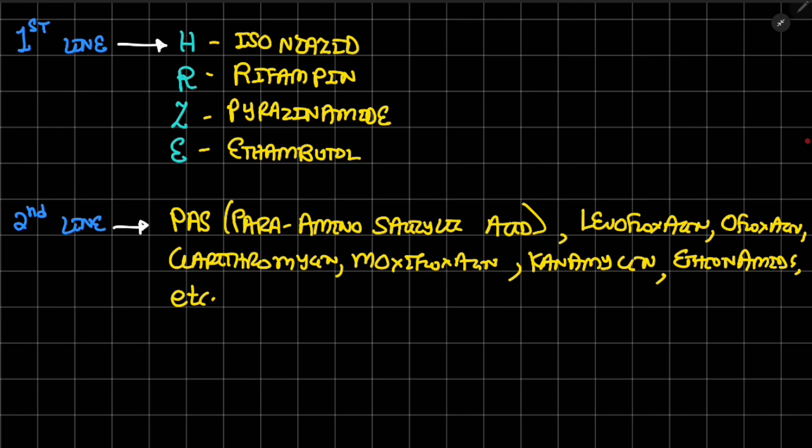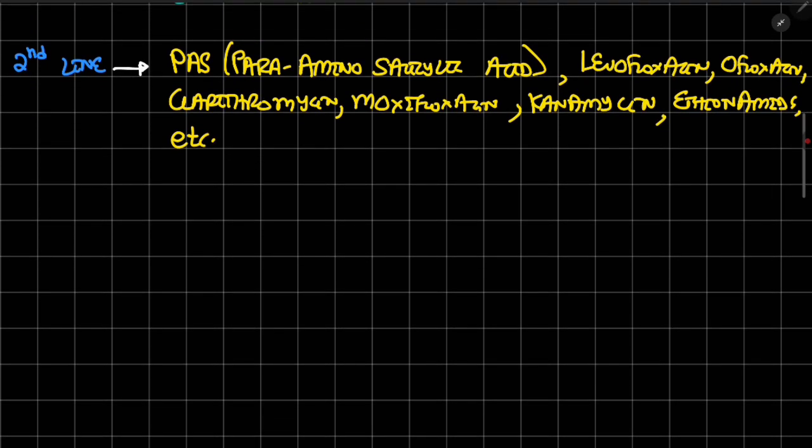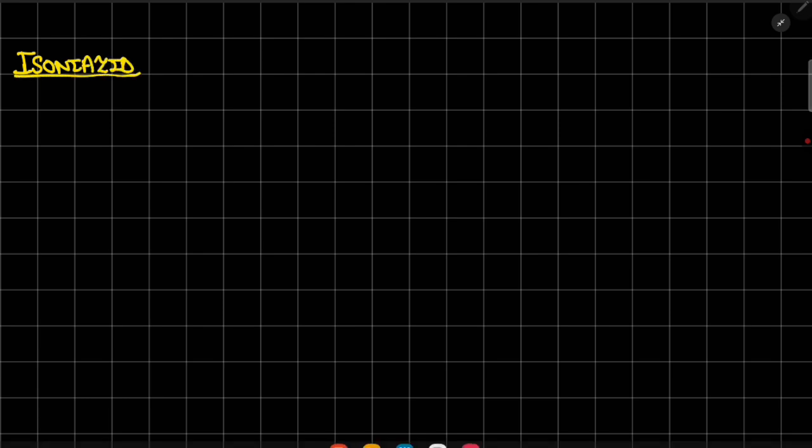So first we will start with the first line drugs, with the drug isoniazid. What is the mechanism of action of isoniazid? Basically isoniazid is a prodrug.